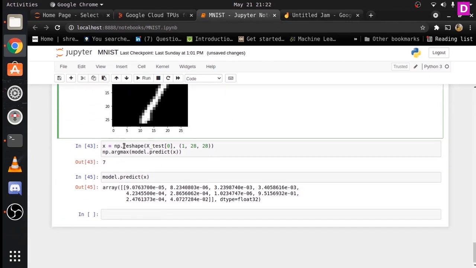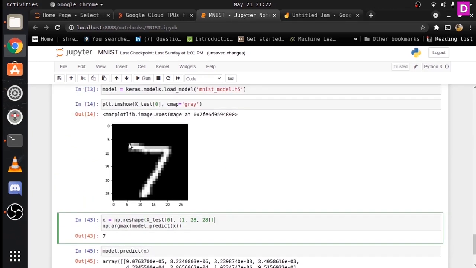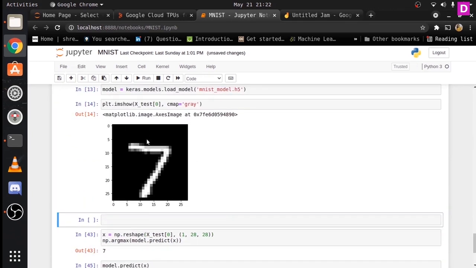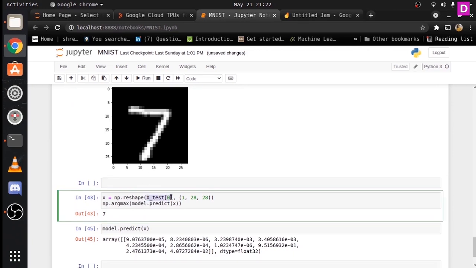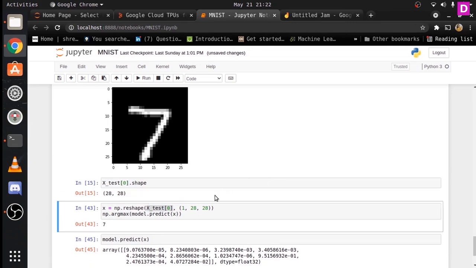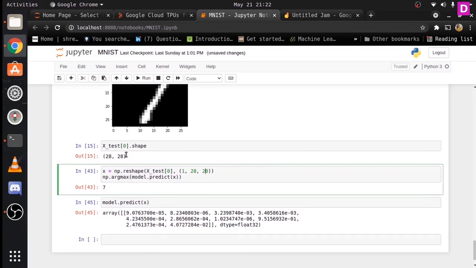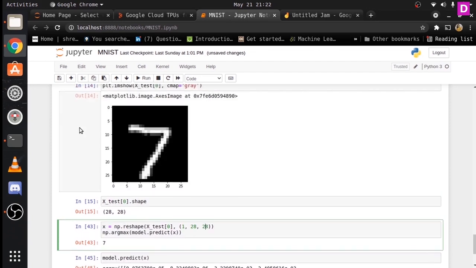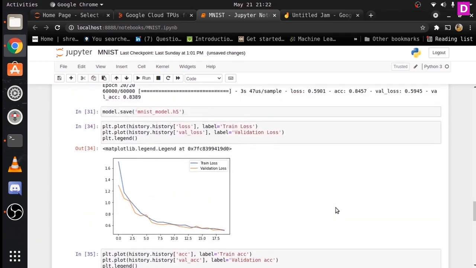Now, first we reshape the x_test value. Why are we doing that? Let us first see what the shape of x_test is. You can see here the shape is 28, 28, because this is 28 pixels by 28 pixels. But we cannot feed it in this shape. Why is that?